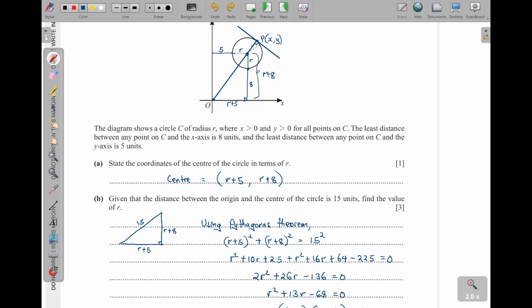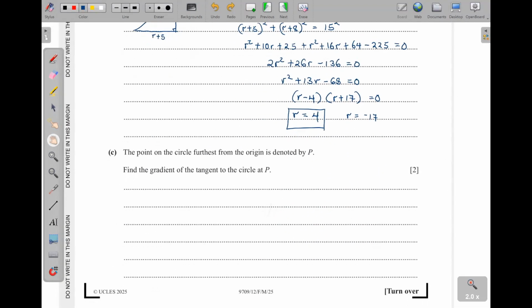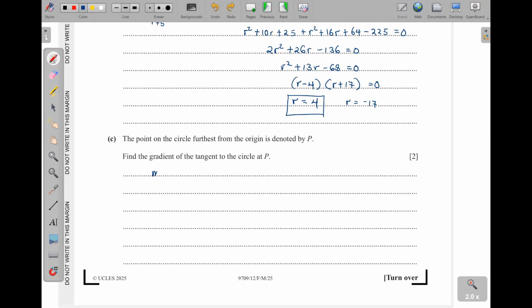These two are perpendicular, so M1 is (r plus 8) over (r plus 5).